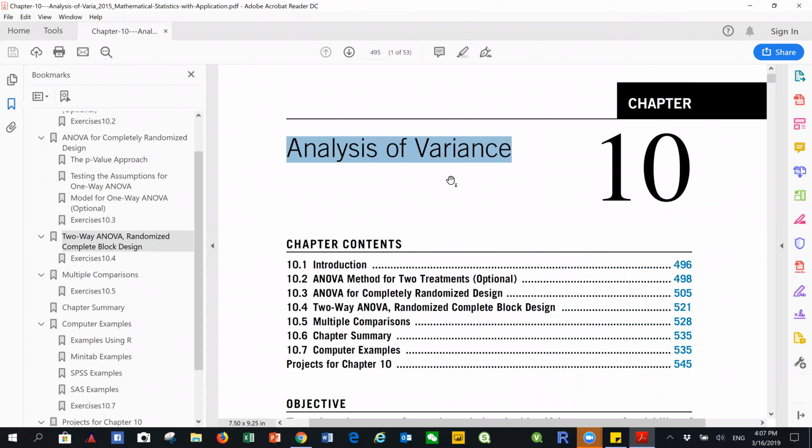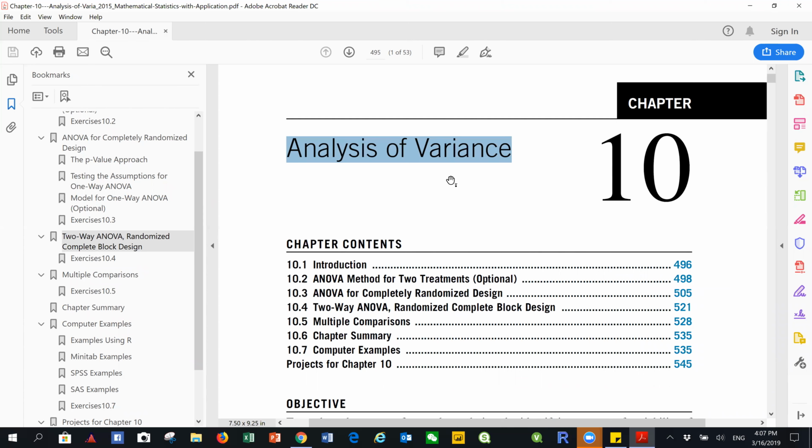If you only look at the analysis of variance, you may not think it has to do with means, but it's a kind of detour to get to a destination.